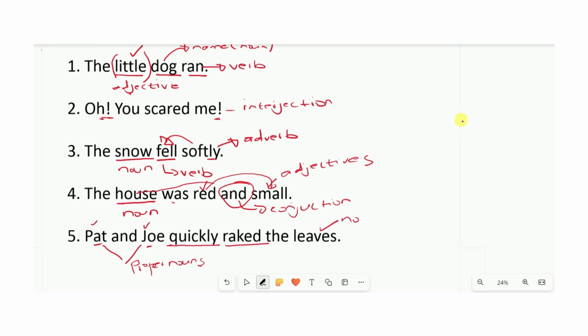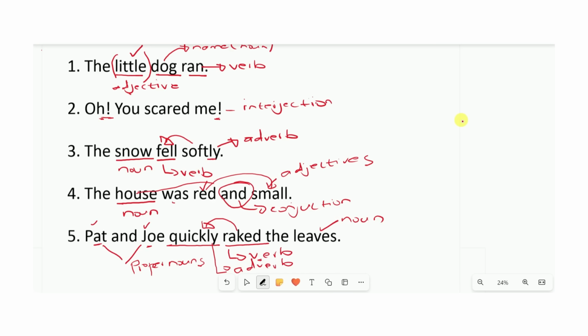Leaf is a noun. Raked is the action that is being performed. Now, how did they perform this action? Quickly. So quickly, what does it do? It tells us more about the action that is being performed. So therefore, it becomes what? Your adverb, because it modifies the verb by giving us more details as to how the action was performed.